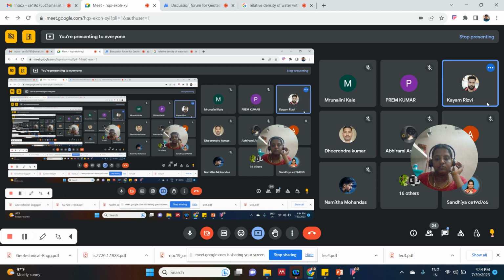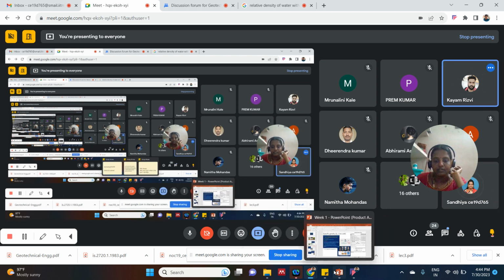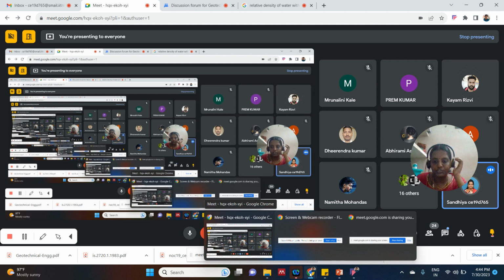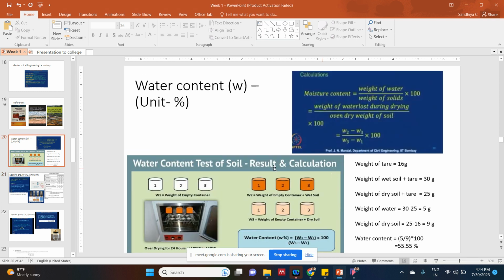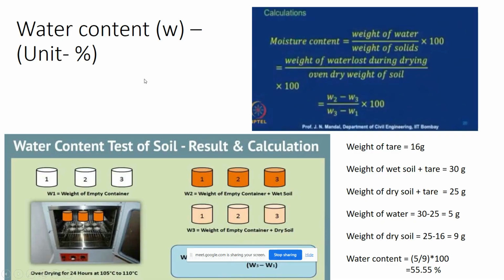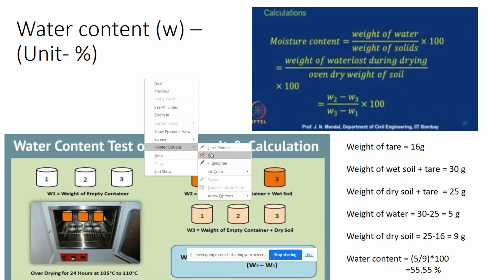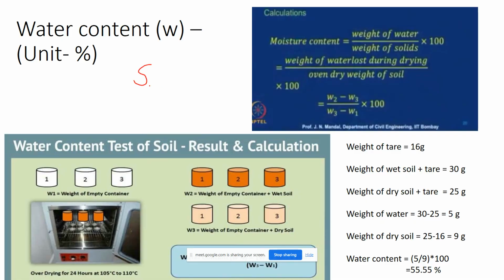We call that SR equal to WG by E. SR, that is degree of saturation, is nothing but water content into specific gravity divided by E, void ratio.